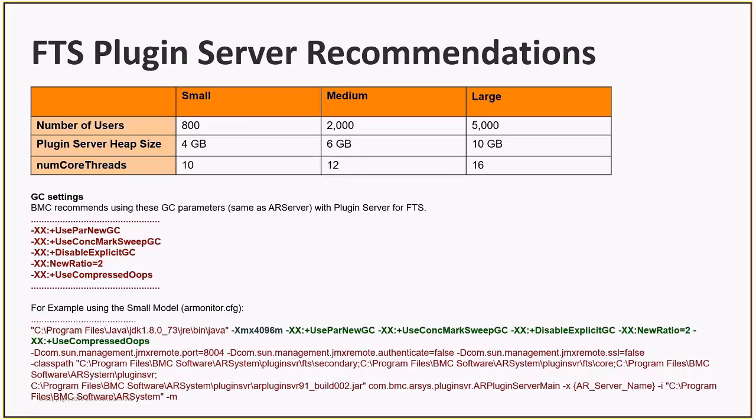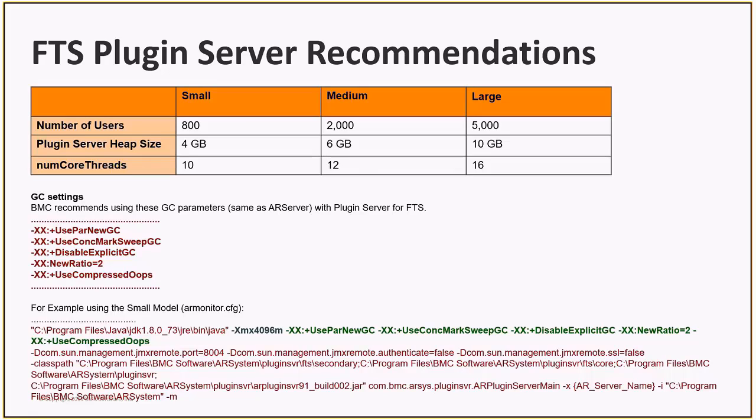Now there are some memory size changes for the heap and some GC settings that we would want to make sure are set for this plugin server. And these GC settings, you'll recognize. You have the same settings in the AR server that we talked about earlier. To set this for the FTS plugin server, we want to edit the AR monitor config file.